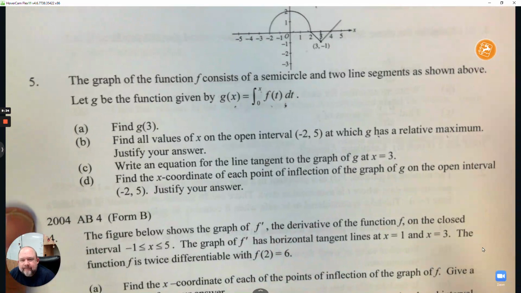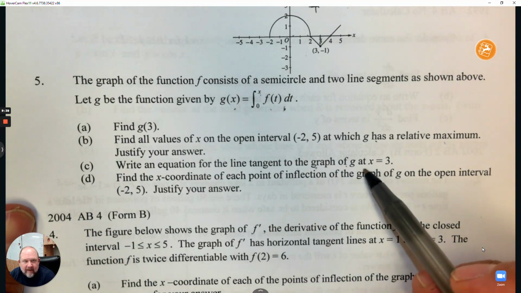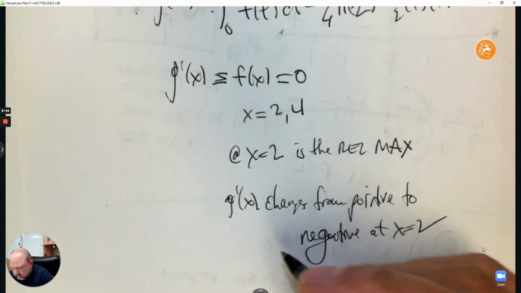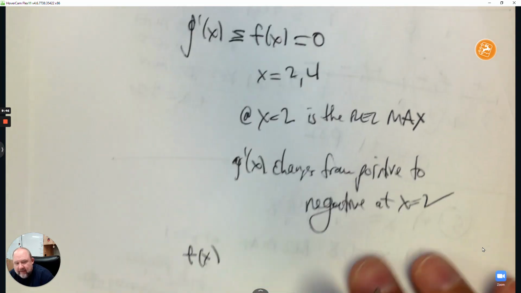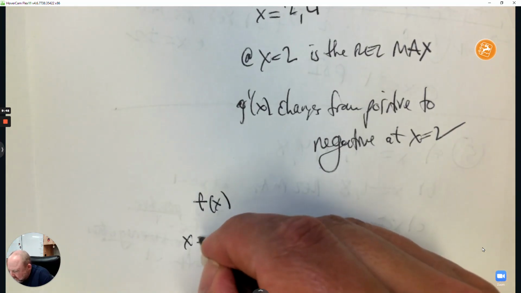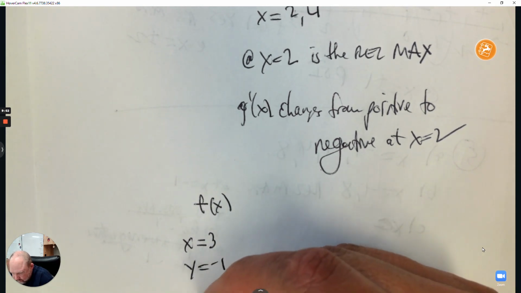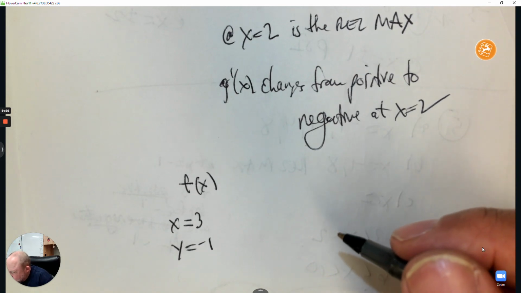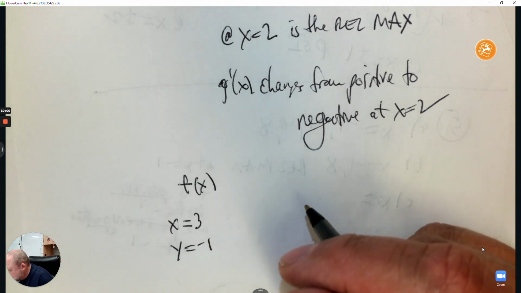All right, next one. Write an equation for the line tangent to the graph at x equals 3. So, this is for f at x. So x equals 3 off the graph, I see y equals -1. Now, it's undefined there. So let me see what that means.